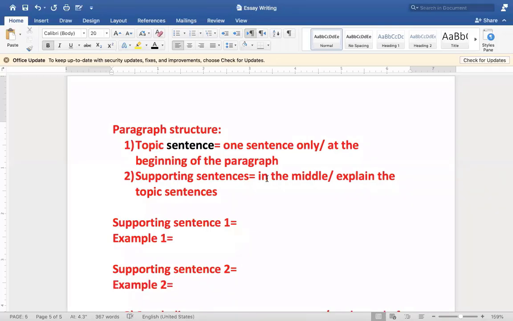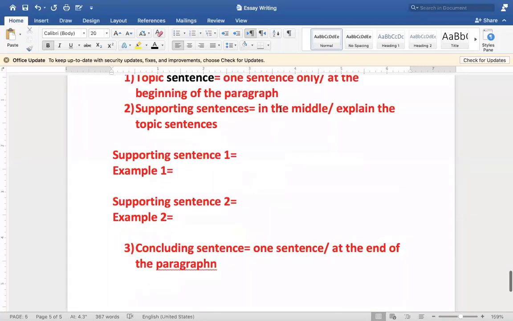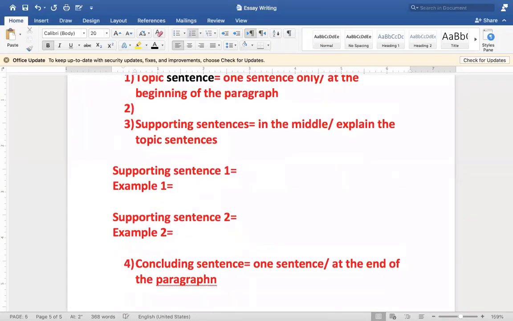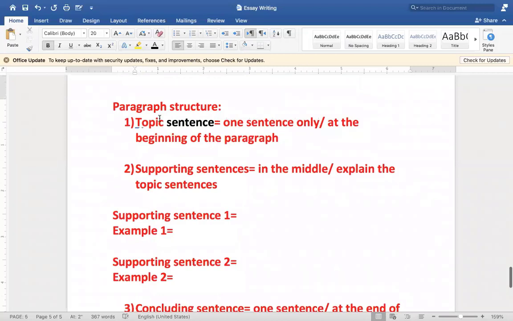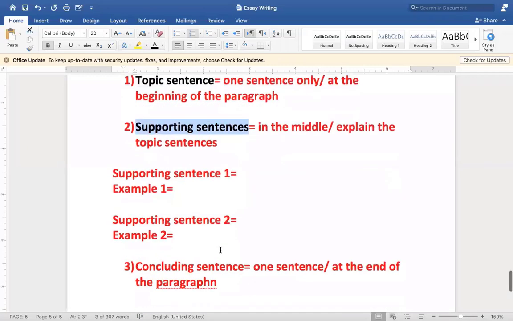So this is how my paragraph looks like. First, I have the topic sentence, then comes the supporting sentences, then comes the concluding sentence. I have 3 parts of the paragraph.